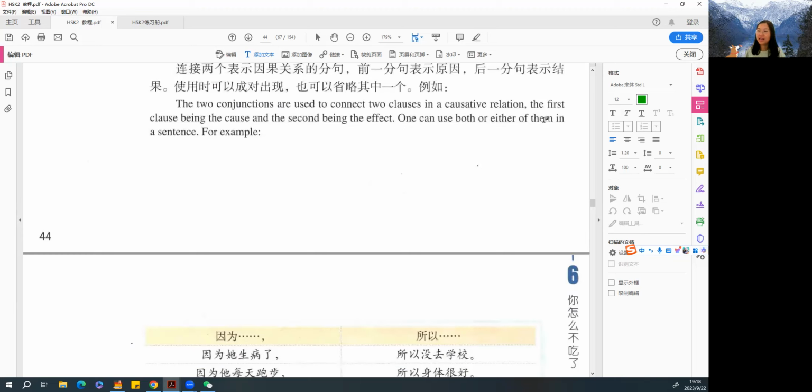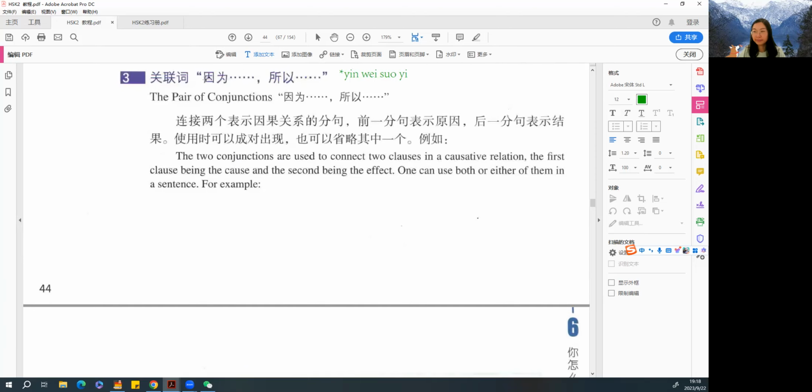But actually, if you just use one of them, it's totally fine because you are non-Chinese, and when you speak to a Chinese person, they know exactly you are going to express the reason and the result.